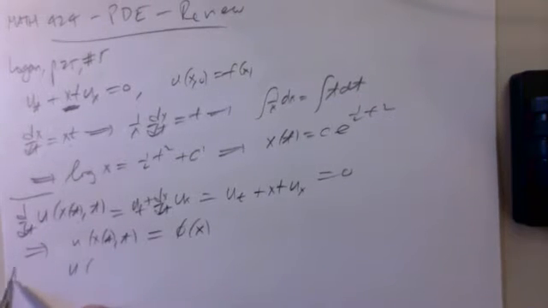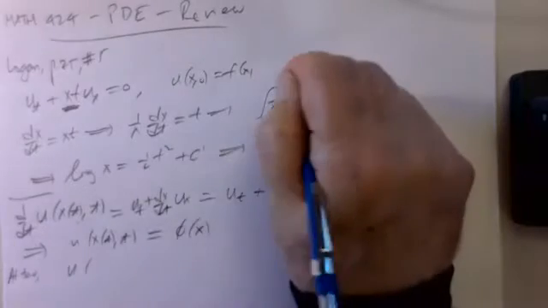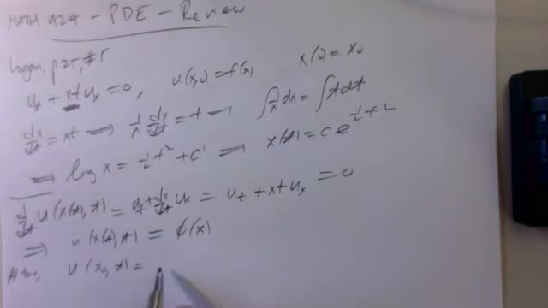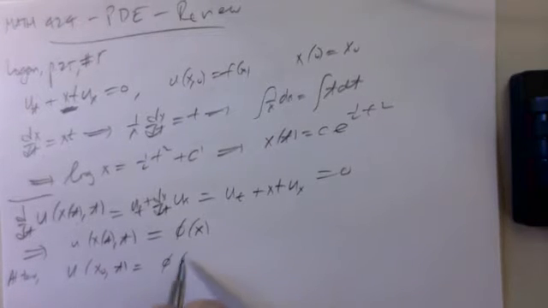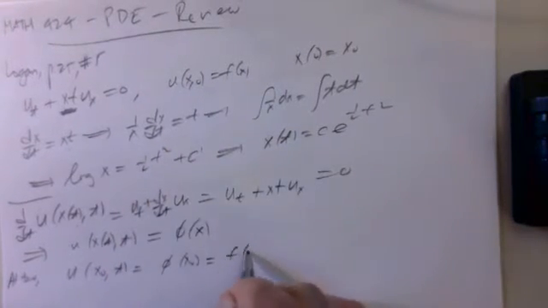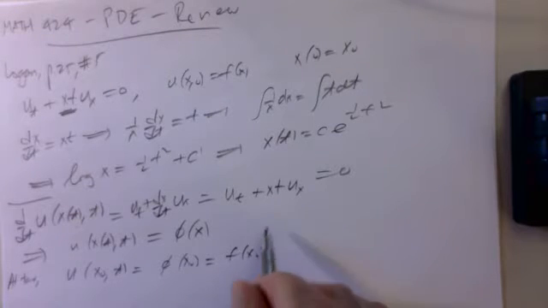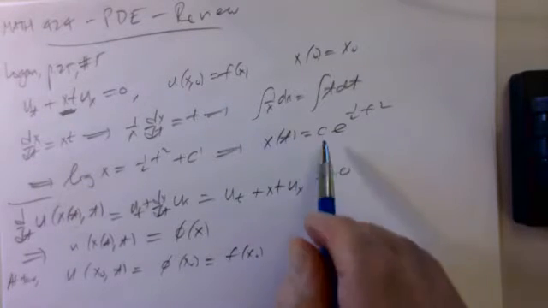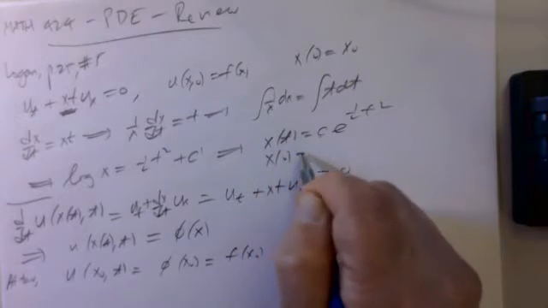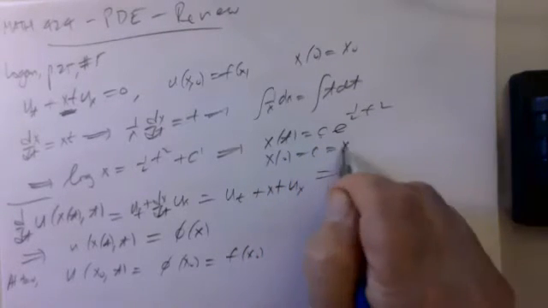So at time t equals 0, when we let x at 0, just call that x naught, at t equals 0, u of x naught comma 0 is phi of x naught, and that's equal to f of x naught. And let's see, what is this constant c? X of 0 is c, which is x naught.